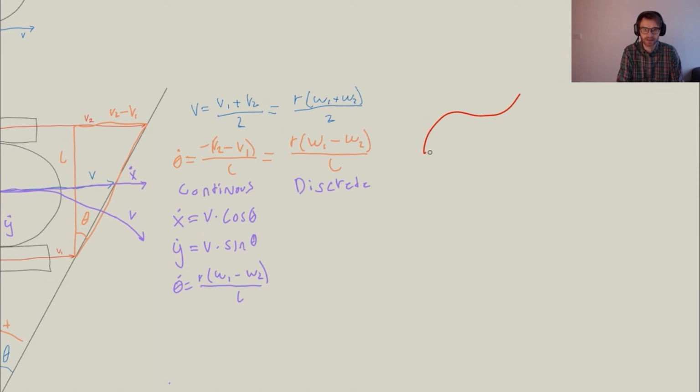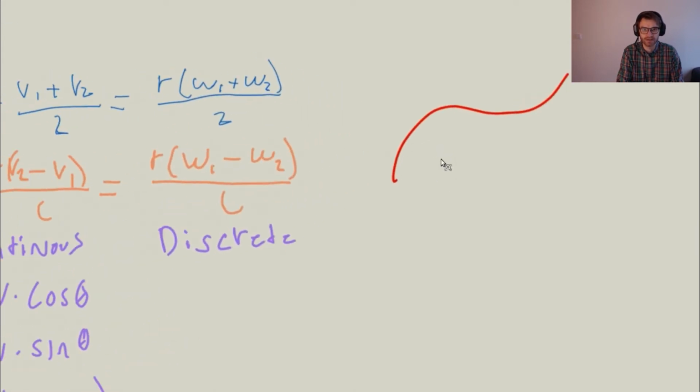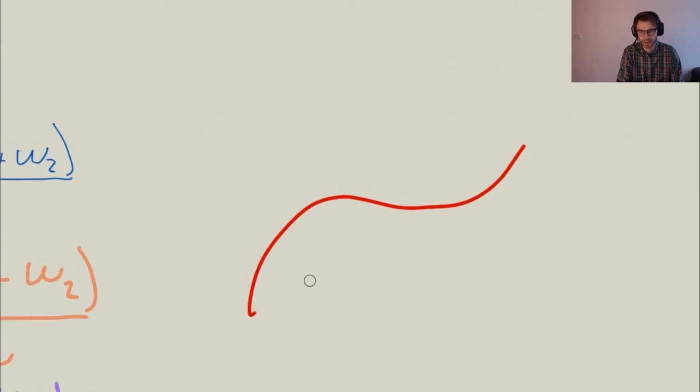This is now a continuous line. You could think that it's created from little dots, and the distance between the dots is infinitely small. That's why it looks like a line. But that means that it's infinitely hard to compute, because the steps between each of those two dots are very, very small.